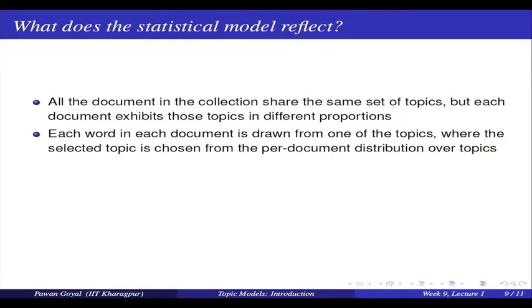And then what is the other fact? Each word in each document is drawn from one of the topics, where the selected topic is chosen from the per-document distribution over topics. Okay. So is that clear? For each document I have a distribution over topics. So I say, okay, this topic is probably 0.2, 0.5, 0.1, and so on.